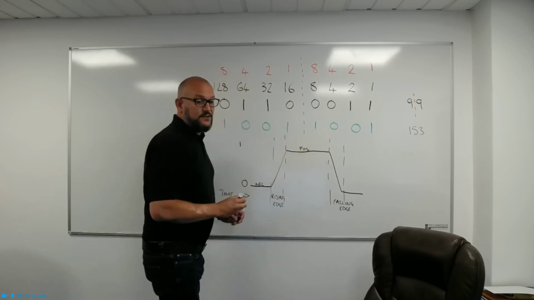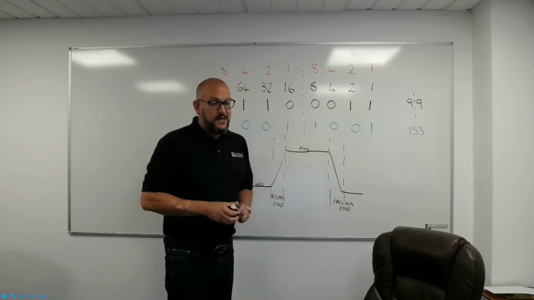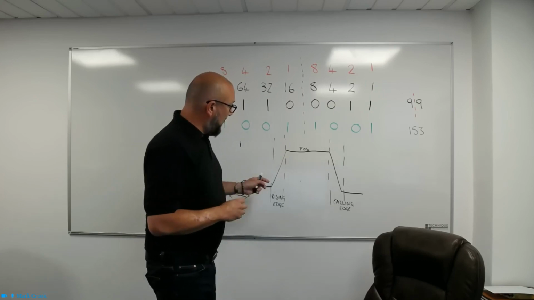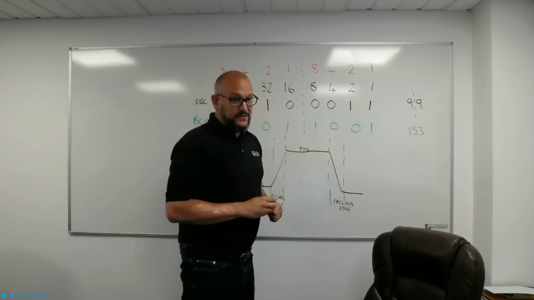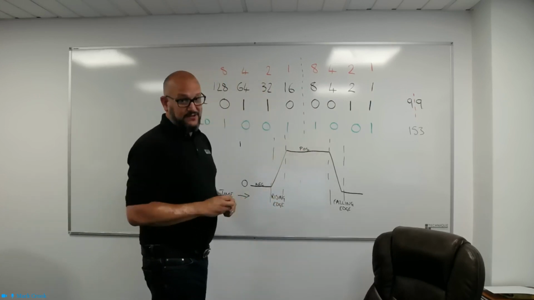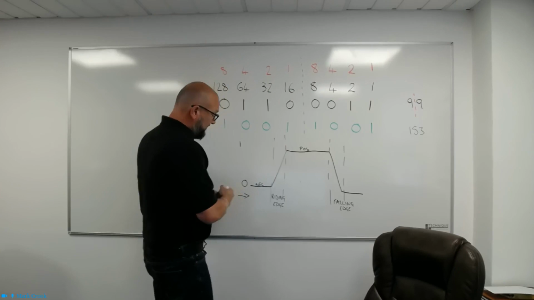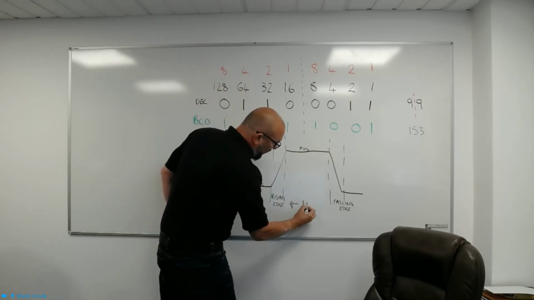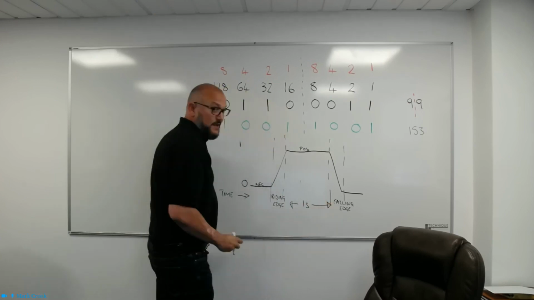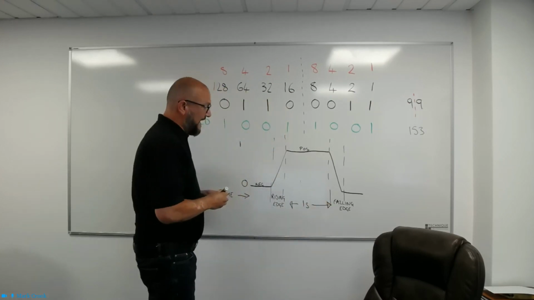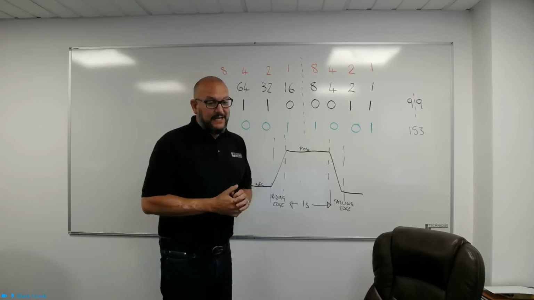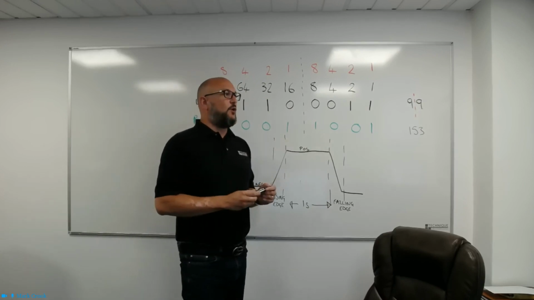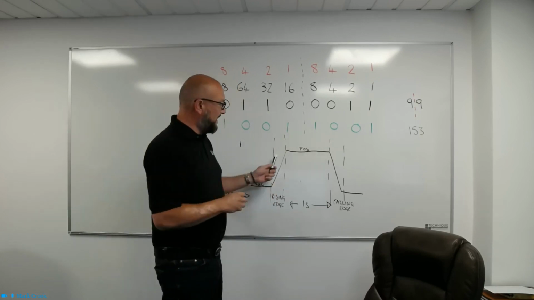Now, why have I actually drawn this? The reason that I've actually brought this up and explained this to you is because a maths command works on the positive edge. What that means is, let's say, for example, this is a time of 1 second between here and here, and we press our button for 1 second, it's highly likely that the PLC will have scanned probably 50,000 times within that second.